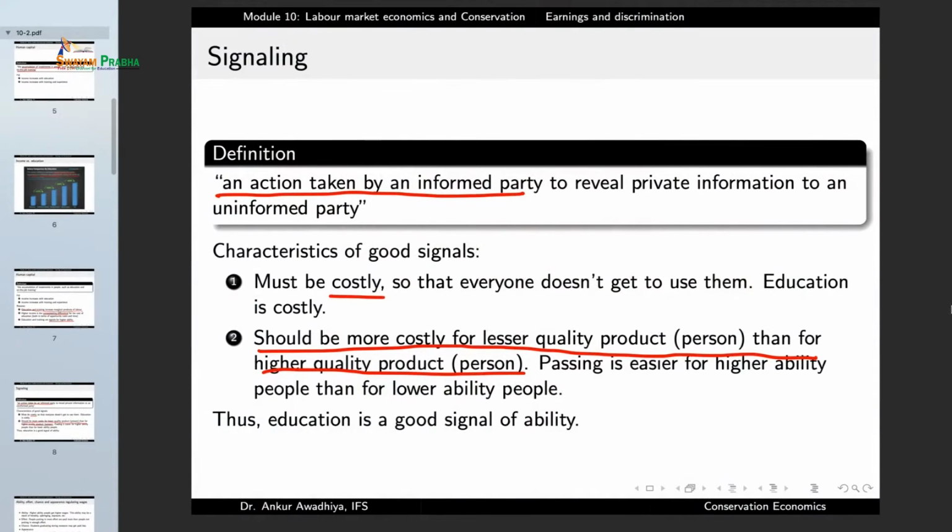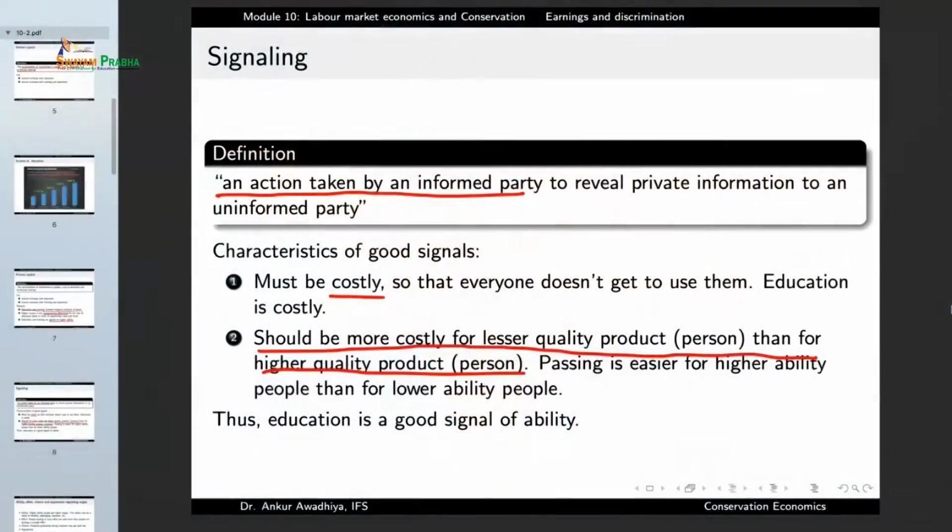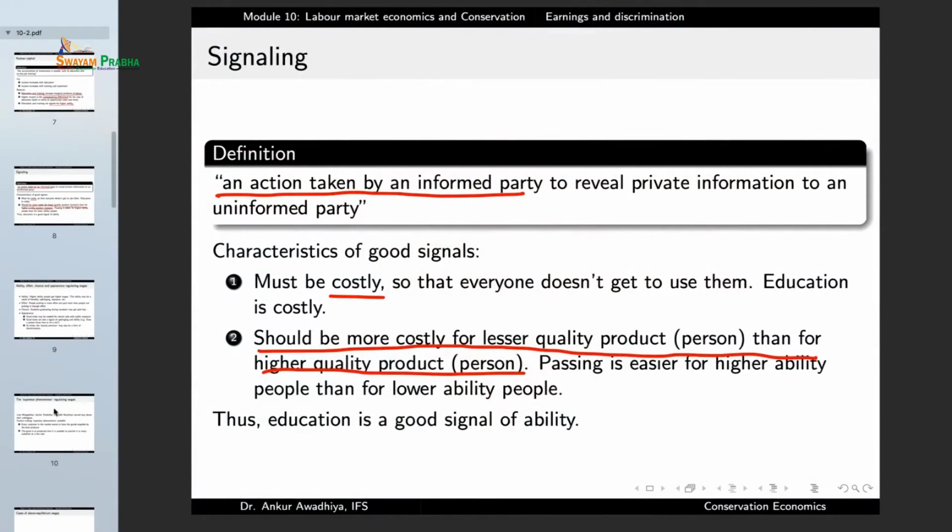And because education is both costly and it has a differential costing for people with higher and lower abilities, it acts as a very good signal. Now, if a person has a higher degree from a more prestigious institution, then it acts as a very good signal, and the employer can make this decision that yes, this person is intelligent, and this person is hardworking, and this person is punctual, and you can add a number of other adjectives here. So, signaling modulates the results of the neoclassical theory.